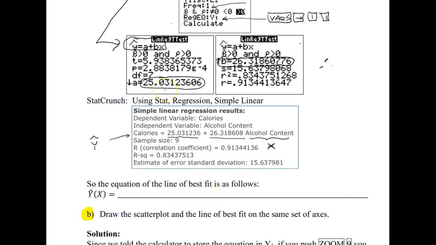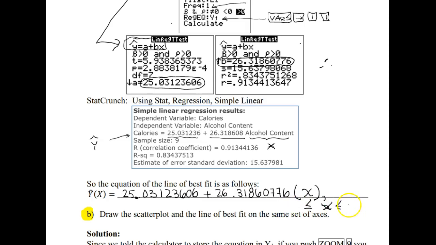If we take those coefficients, we get Y hat equals 25.031233606 plus 26.3186076 times X. We need X to be between X min and X max.